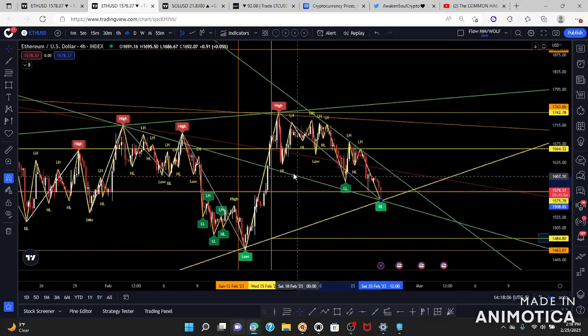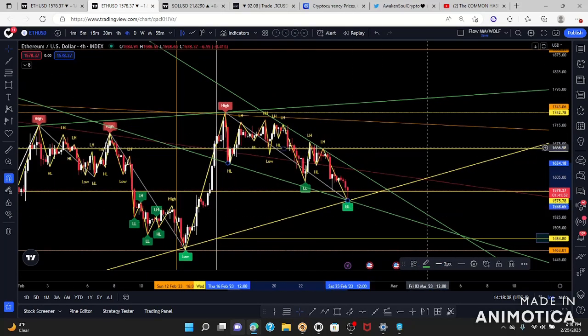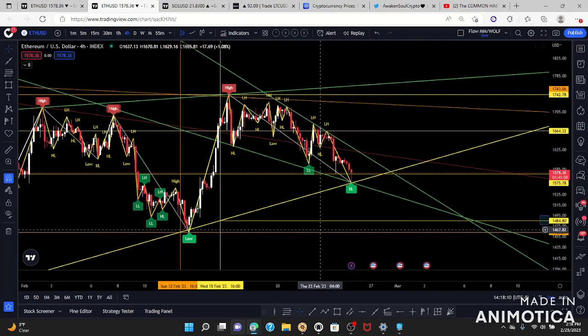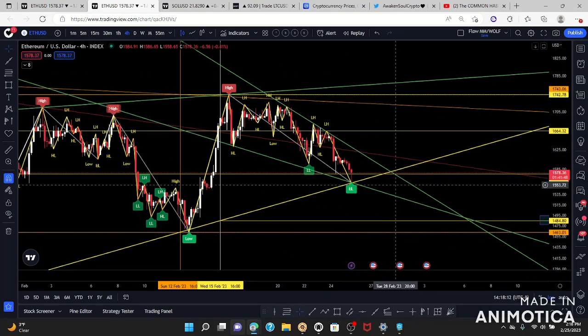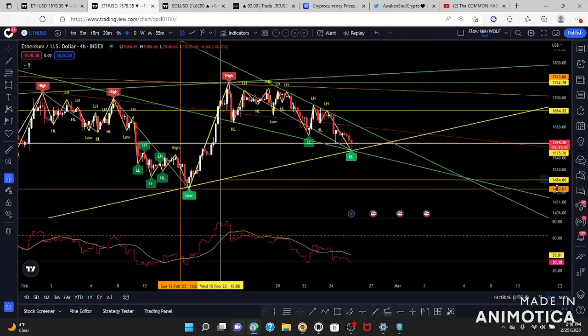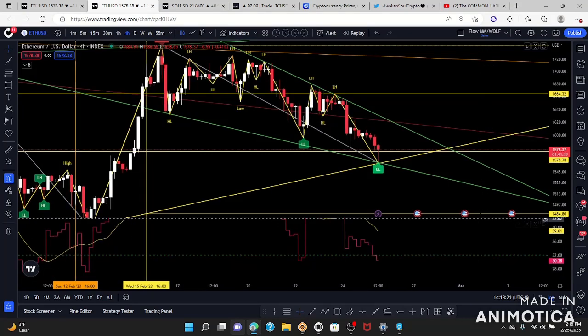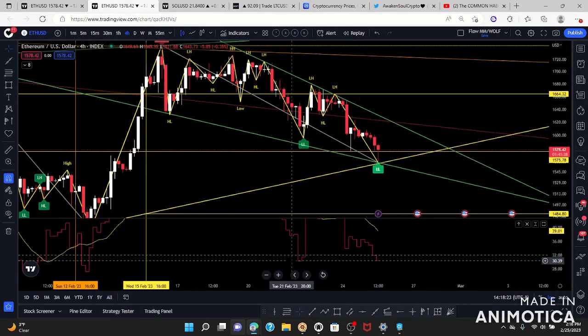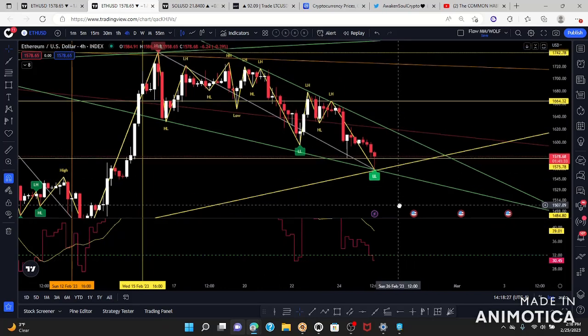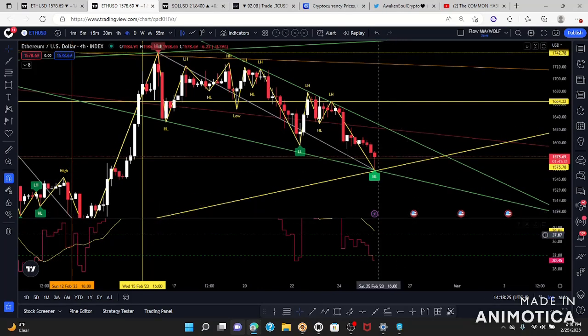I mean, especially if you go to this, there you go. That looks like a descending flag. Let's look at our RSI. Let's see if we have any divergence. It's flat, but the price action is coming down.